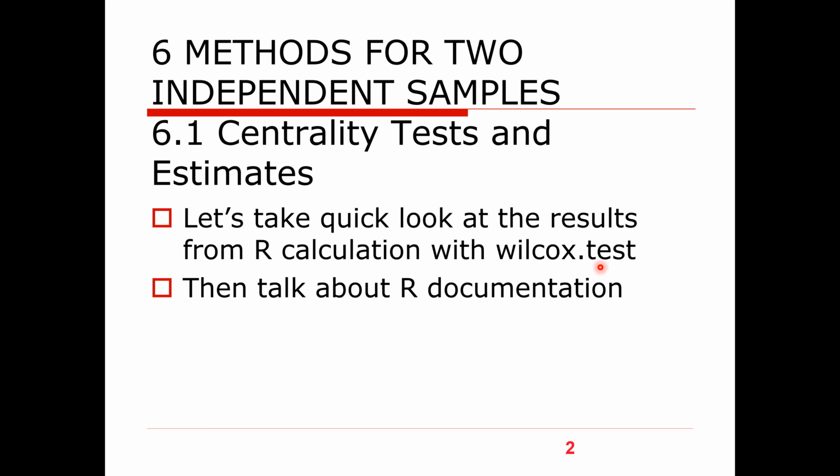We may compare and estimate their centrality, compare two samples' medians, or talk about their normal scores, compare their variance, and test if they have a common distribution. Then we will summarize the field of application.